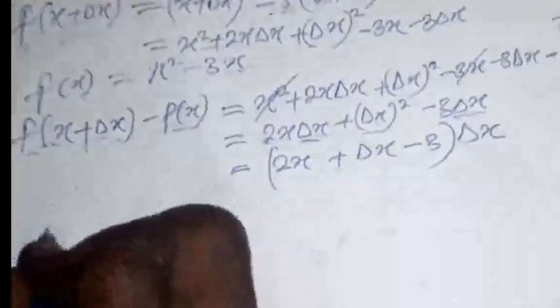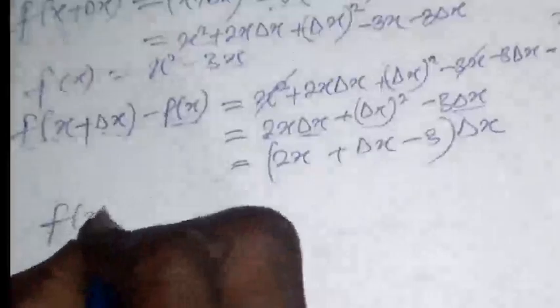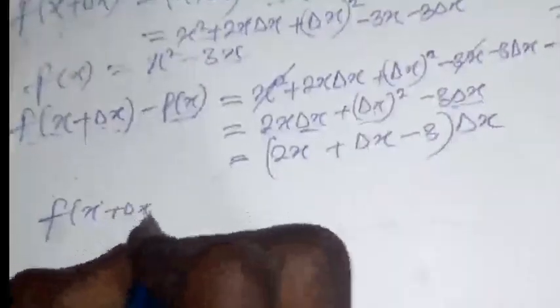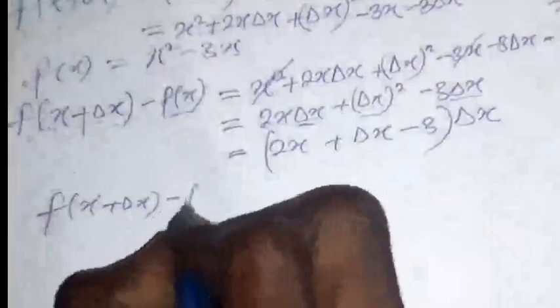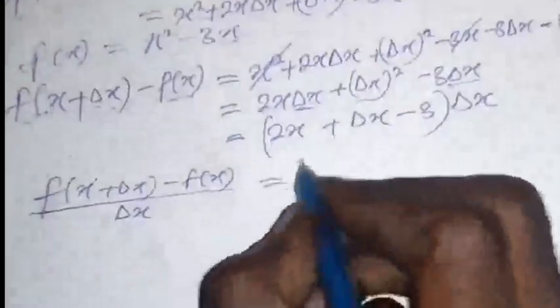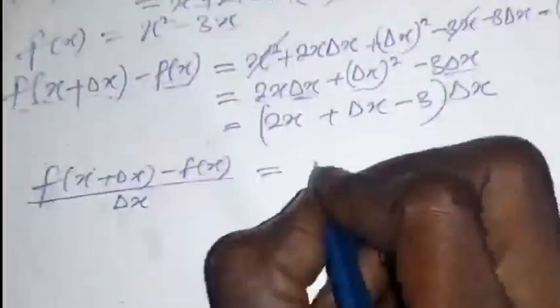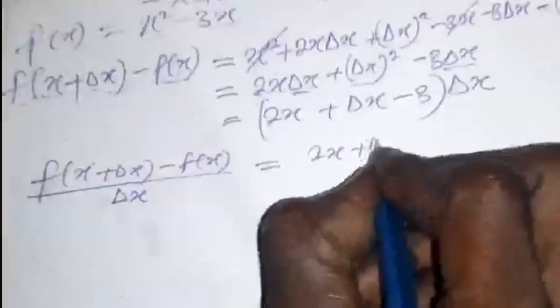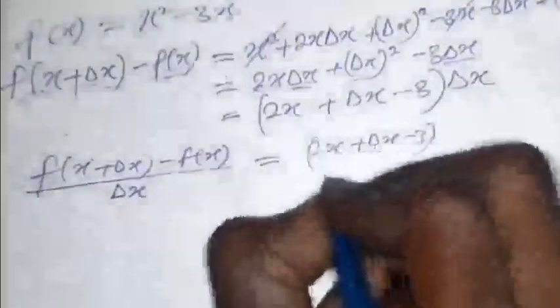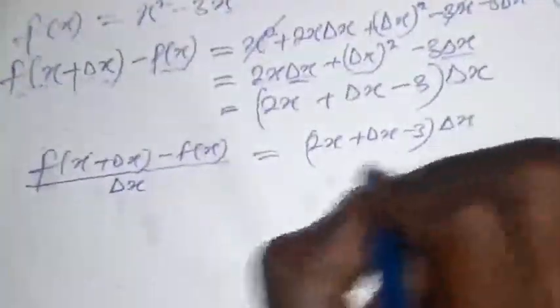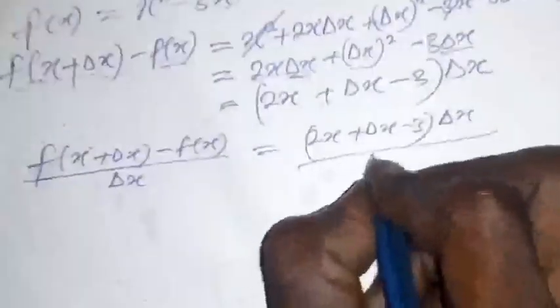this. We have function of x plus delta x minus function of x all over delta x is equal to, the numerator is simplified as this. We have delta x times 2x plus delta x minus 3, all over delta x.